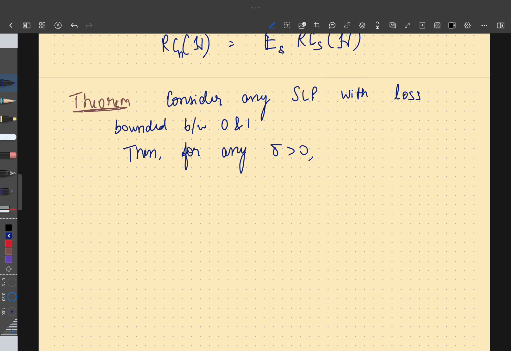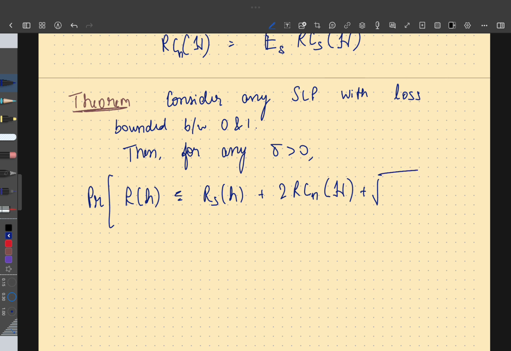For any delta greater than 0, with very high probability, with probability at least 1 minus delta, I have R of h less than or equal to R_S of h plus 2 times the Rademacher complexity of the hypothesis class H plus square root of log 1 over delta by 2n.